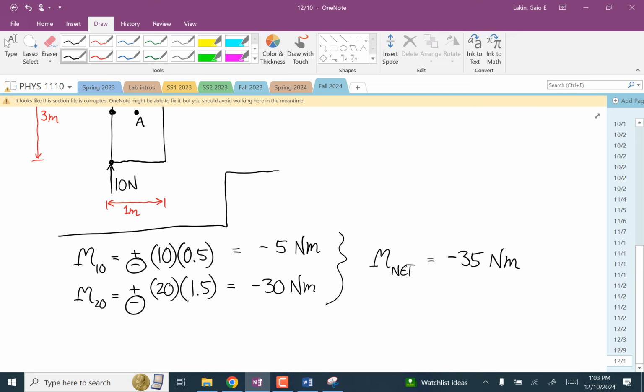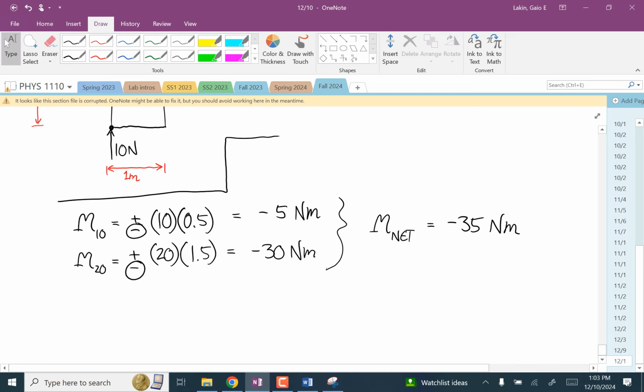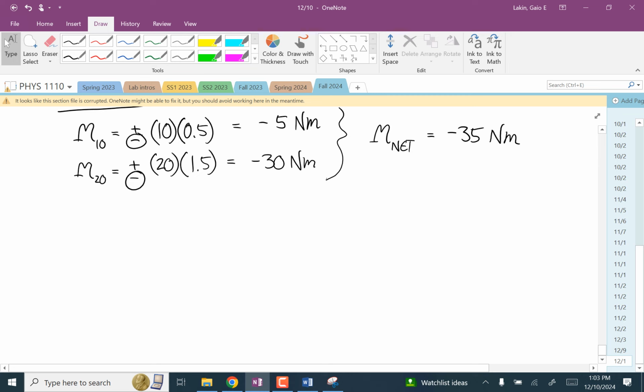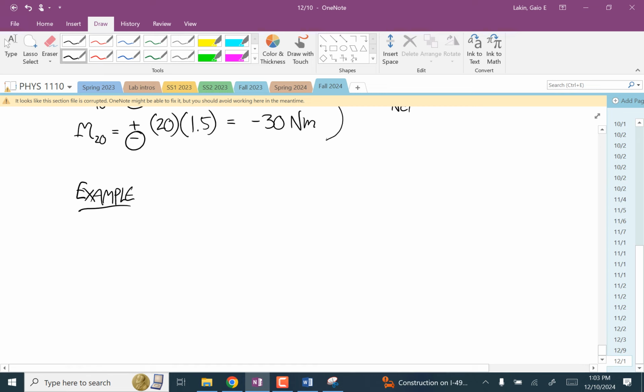Okay, so now let's do one where we put all this stuff together and use rotational Newton's second law. Let's say that there's a board attached to the wall by a hinge, and gravity is acting toward the bottom of the page.